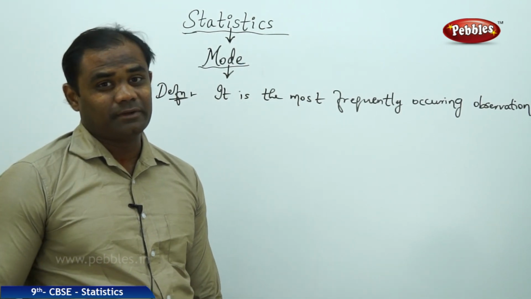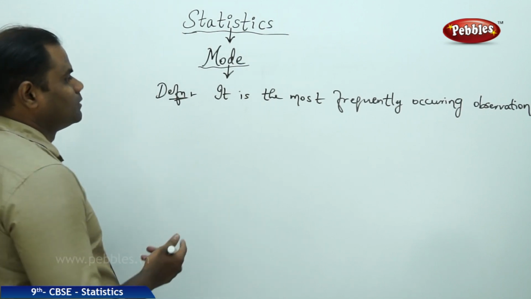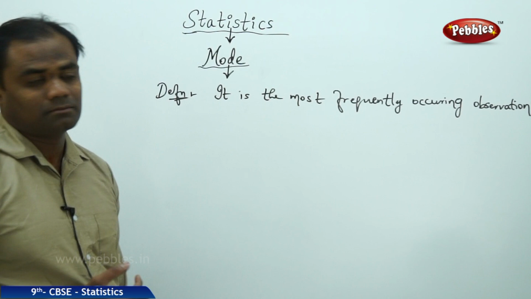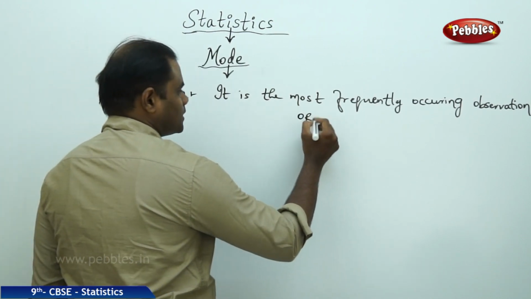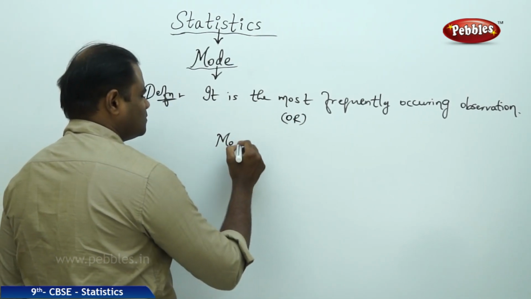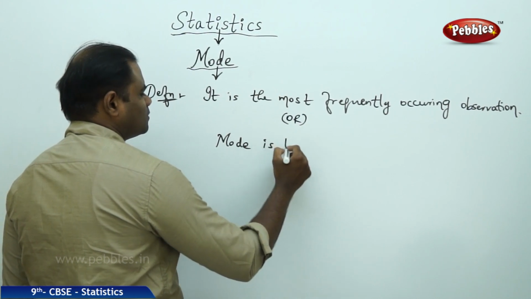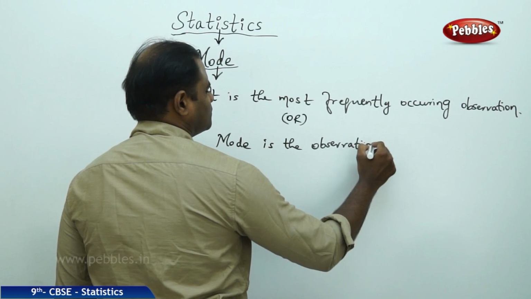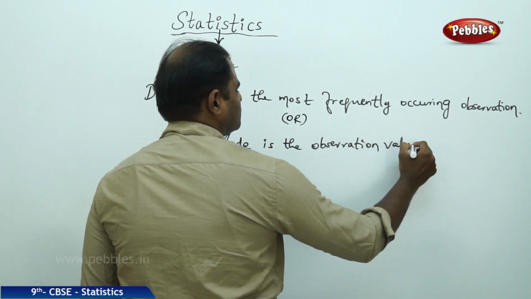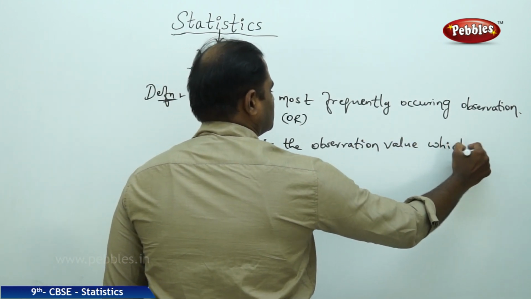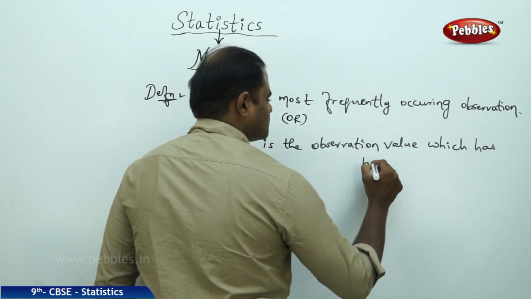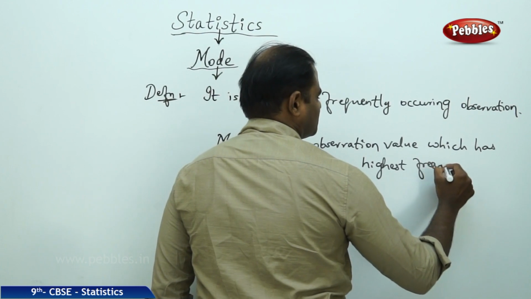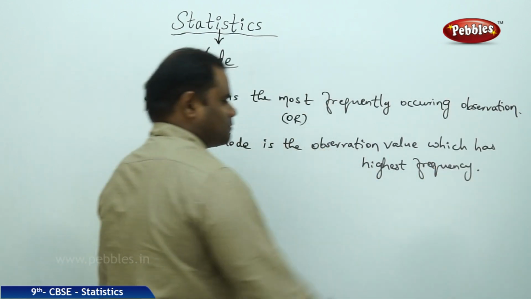That means if the frequency is highest, then that value, that observation is said to be the mode. We can also refer to this as mode is the observation value which has highest frequency.